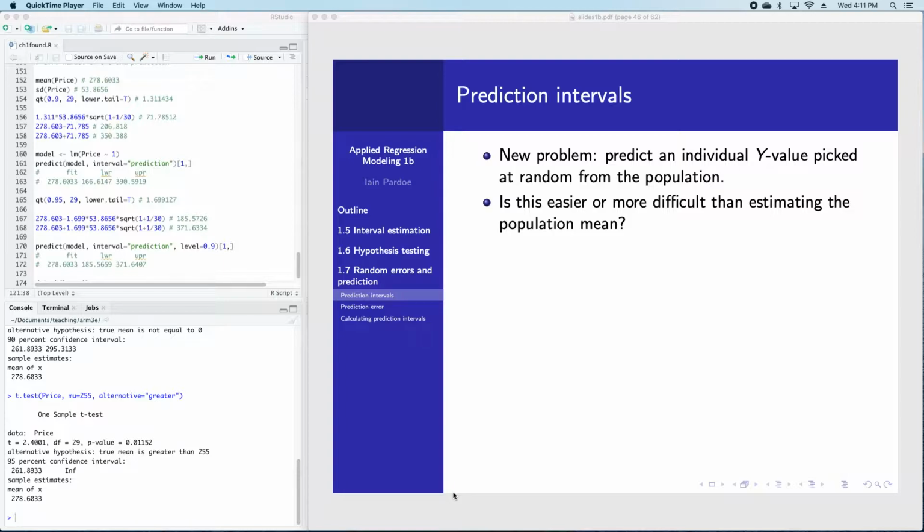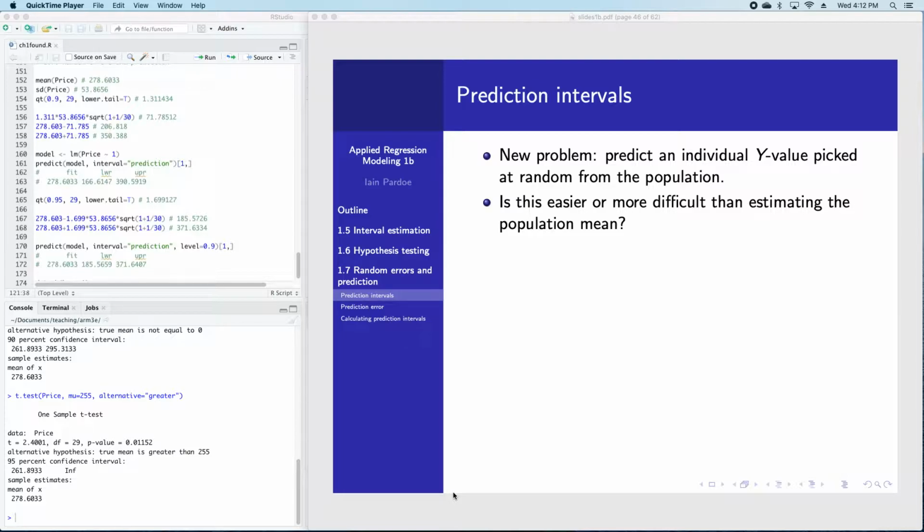So just think for a second, does that sound like an easier or a more difficult problem than estimating the population mean? To put this in context, let's think about the home prices. If I'm predicting an individual home price for a particular housing market, that's quite a difficult problem because homes vary quite a lot.